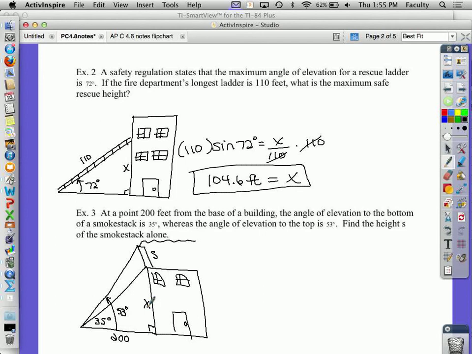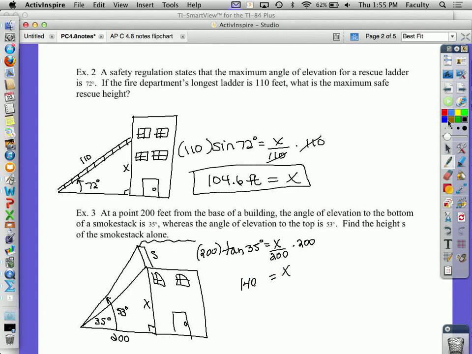So here's what we're gonna do. We're gonna first find x, and you do have opposite over adjacent, so he's right, that's tangent. We're gonna find the height of the building. So you'd multiply by 200, use your calculators. And I got x was 140.